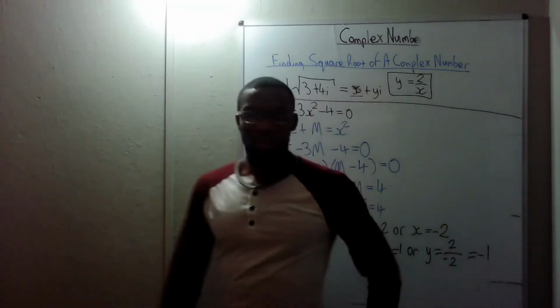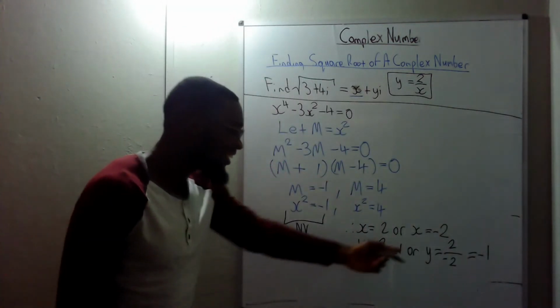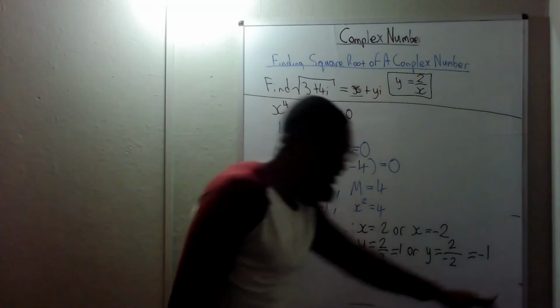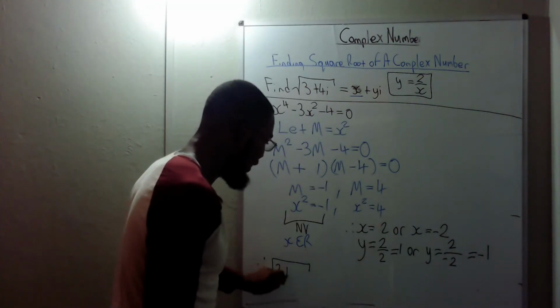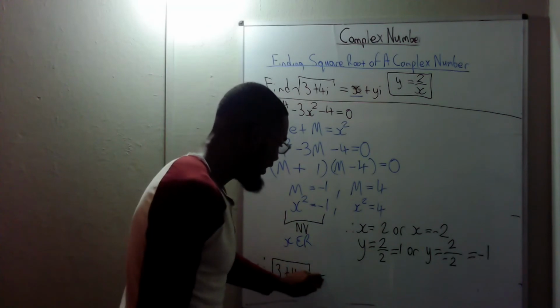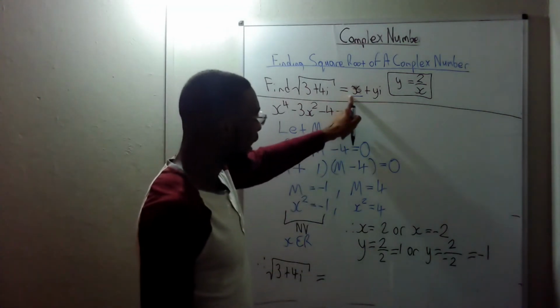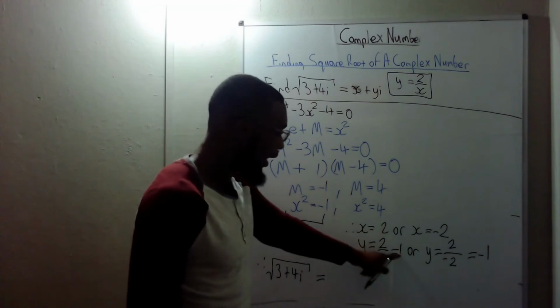Now once you get x and y, you're nice. So now we can conclude that the square root of 3 plus 4i is equal to x plus yi. So when x is 2, y is 1.